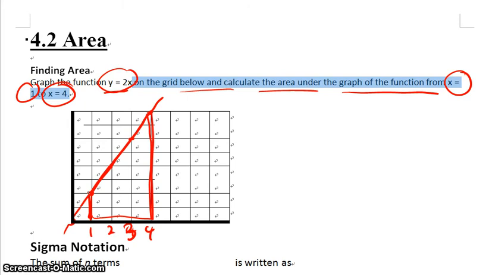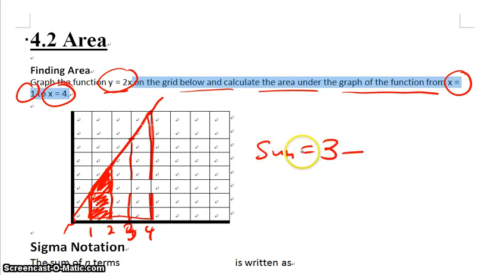Instead of doing one big piece, I will chop it into smaller pieces. Every unit is one piece, so I put it into three pieces here. Let's just count. I have one box, 1, 2, and together this triangle creates one box, because it's two boxes cut in half, so it's one. So 1, 2, 3, so the sum is 3 plus.